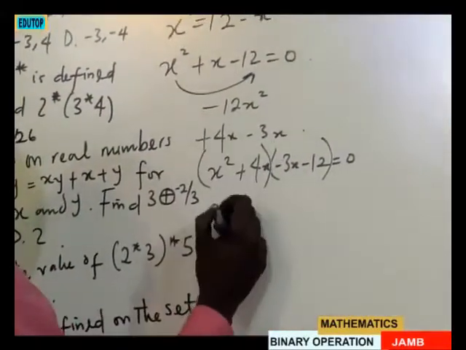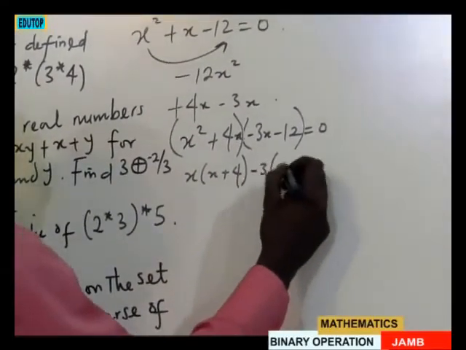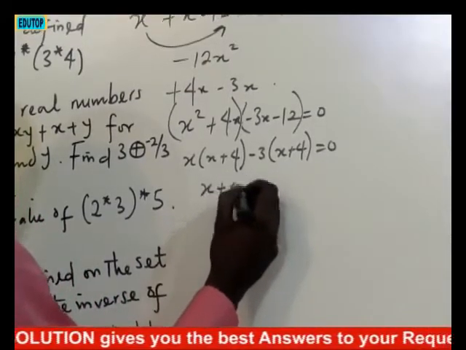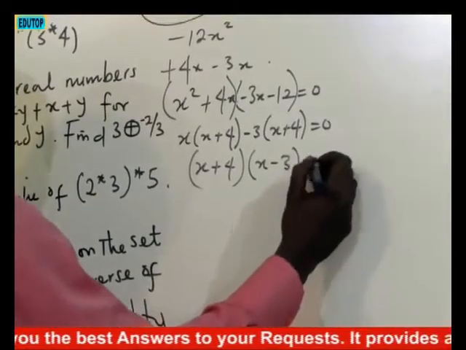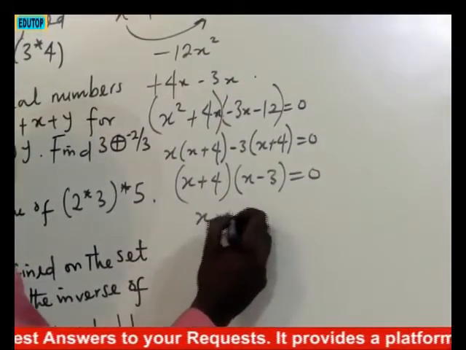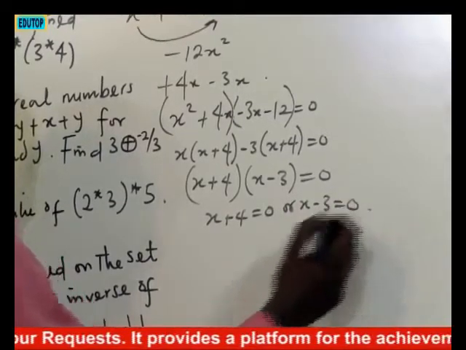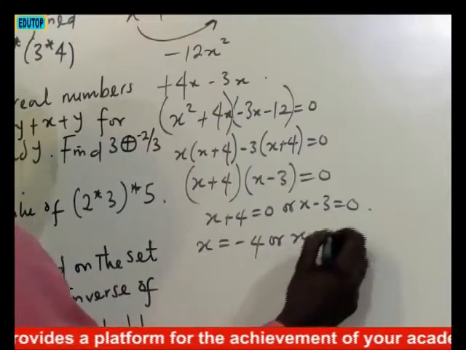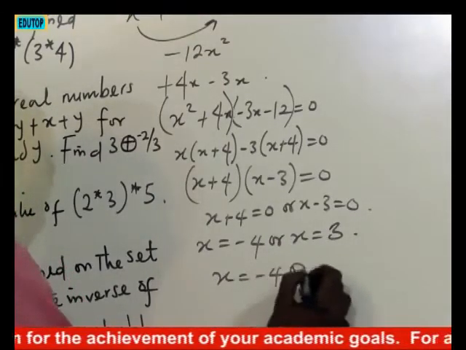By dissecting this, we have x into x plus 4, and minus 3 into x plus 4 equals 0. So we have x plus 4 into x minus 3 equals 0. Then x plus 4 equals 0, or x minus 3 equals 0, and we have x equals minus 4, or x equals plus 3. So x equals minus 4 or 3.